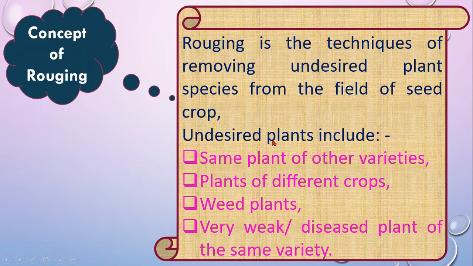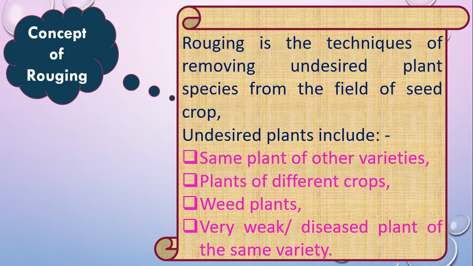That means from the seed crop field, the crop from where we preserve the seed, we have to remove the undesired plants. For example, in a rice crop field, other crops like wheat and maize we have to remove from the field.